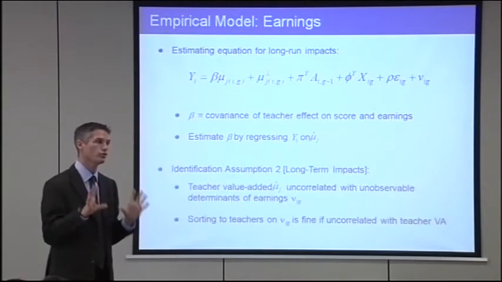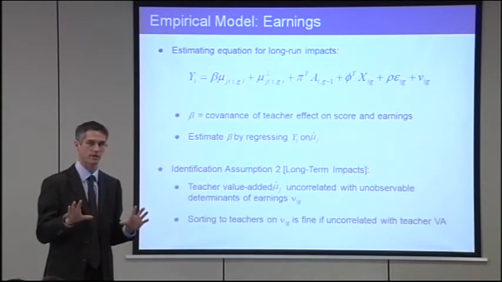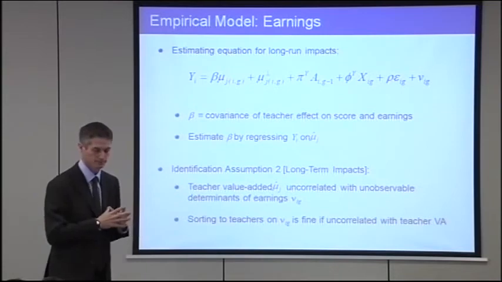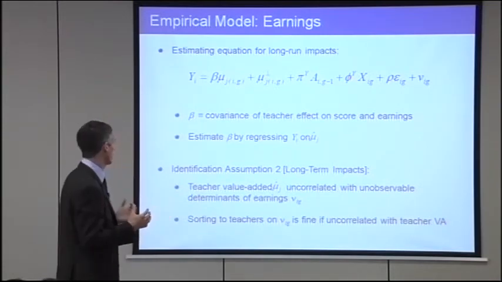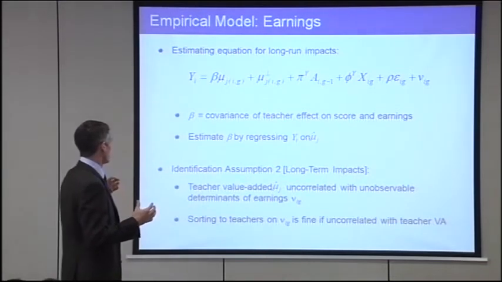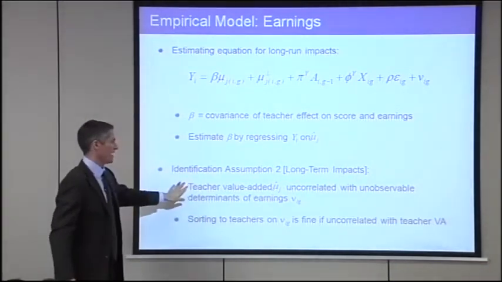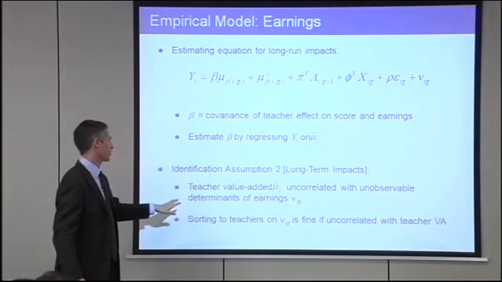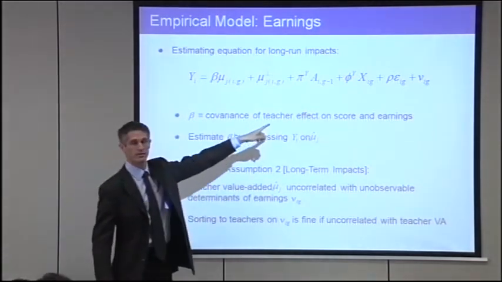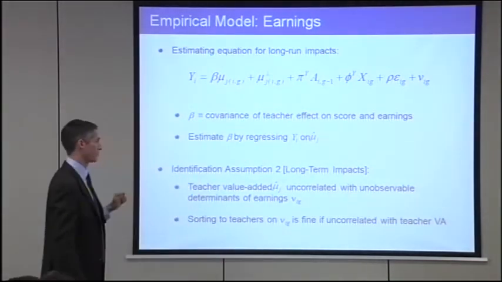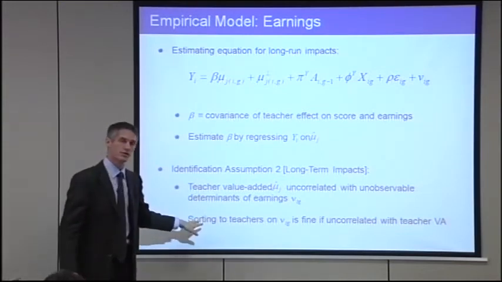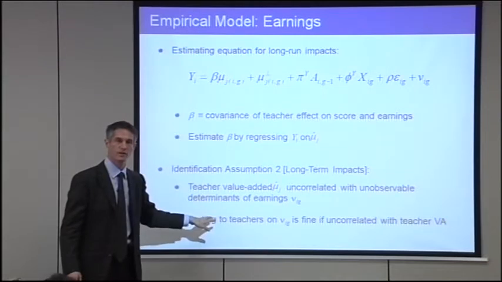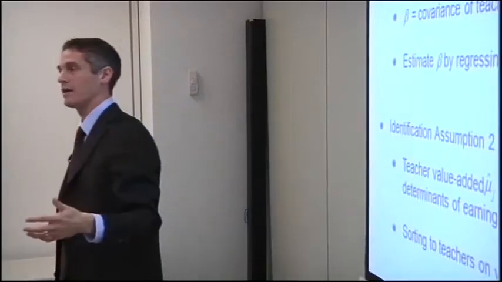And so what's our new identification assumption here in this second stage of the analysis? It's a little bit weaker than in the first stage. What we're assuming is that teacher value added is uncorrelated with the unobservable determinants of earnings, that V term over there. What that means is that sorting to teachers on this unobservable V term, that's okay.